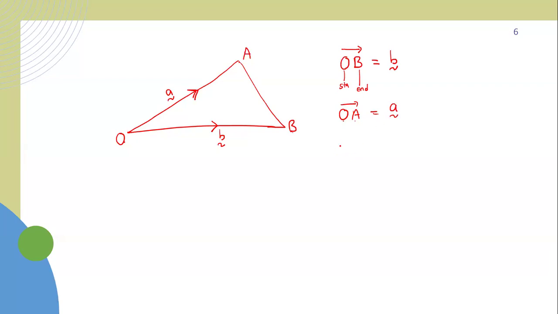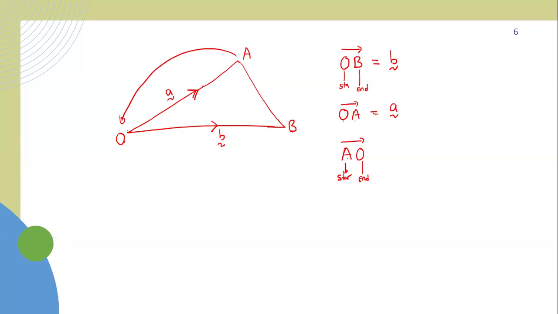But if the question you are dealing with involves, let me say, A to O, A to O means that your starting point is A here. This is the starting point, and this is the end point. It means you have started from A and you are moving towards O. So you are coming like this.